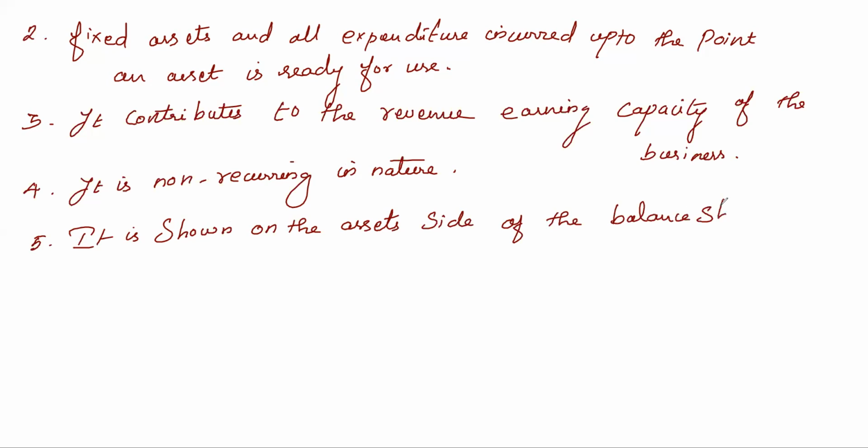For example, cost of acquisition of land and building, then cost of acquisition of office equipments, computer and air conditioner, then cost of acquisition of plant and machinery including installation charges and trial run. So all of these come under this.